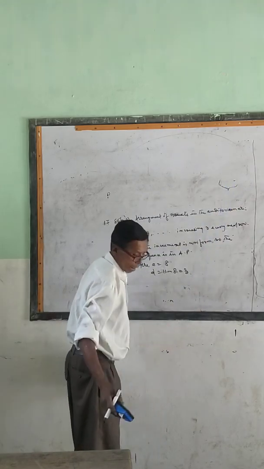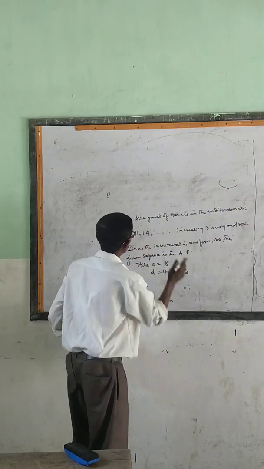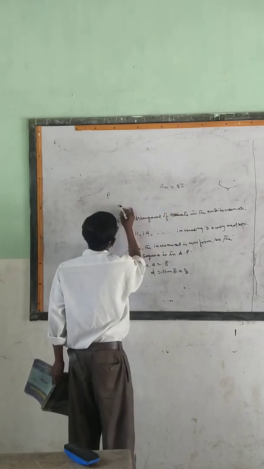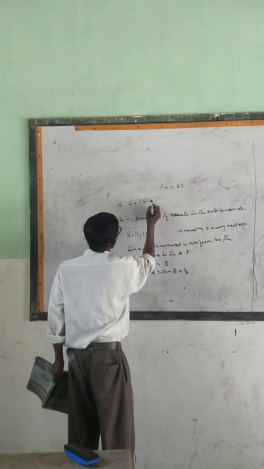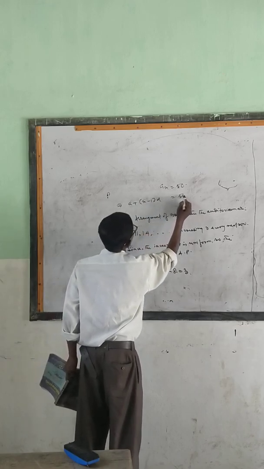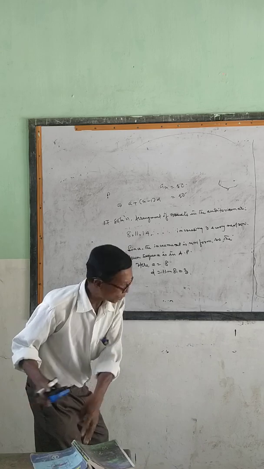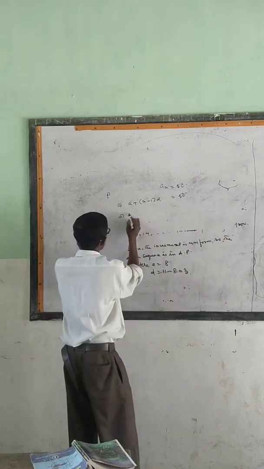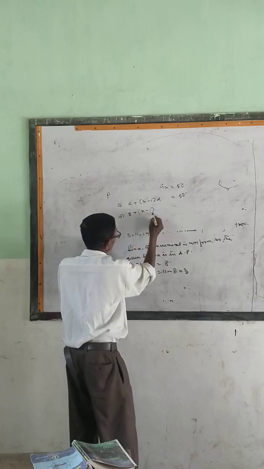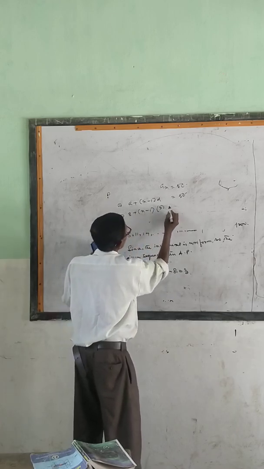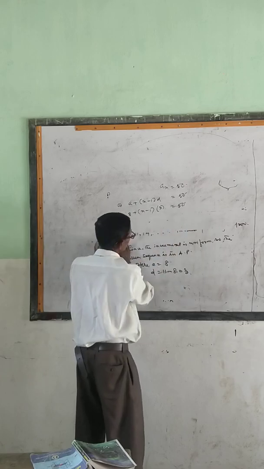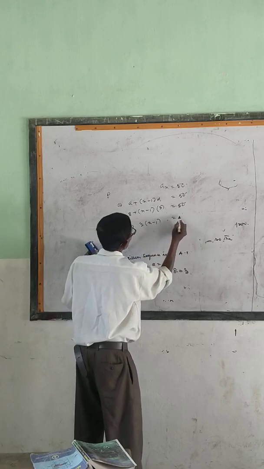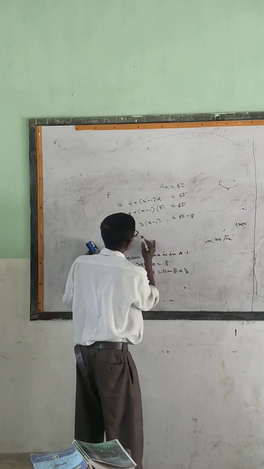So see, the last row has 50 seats, so this will be treated as An. An equal to 50. The formula: A plus n minus 1 D equal to 50. A we have got 8, plus n minus 1 which we have to find out, times D which is 3, equal to 50. This implies 3 times n minus 1 equal to 50 minus 8.